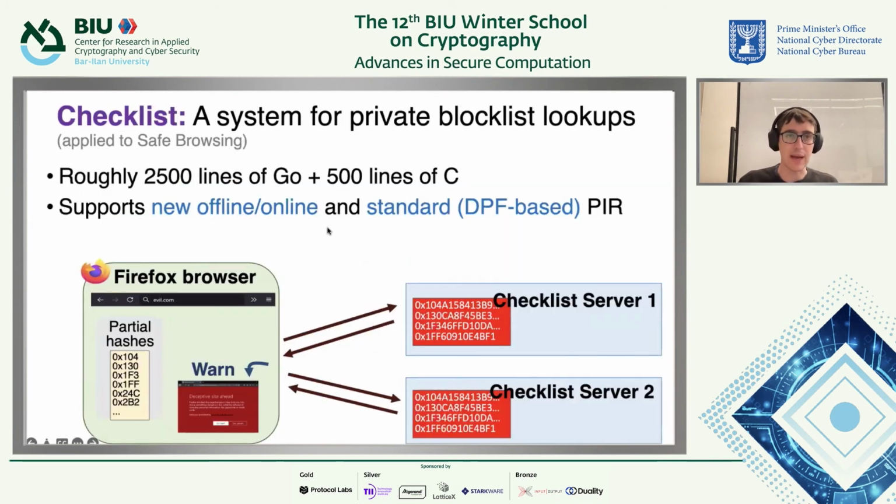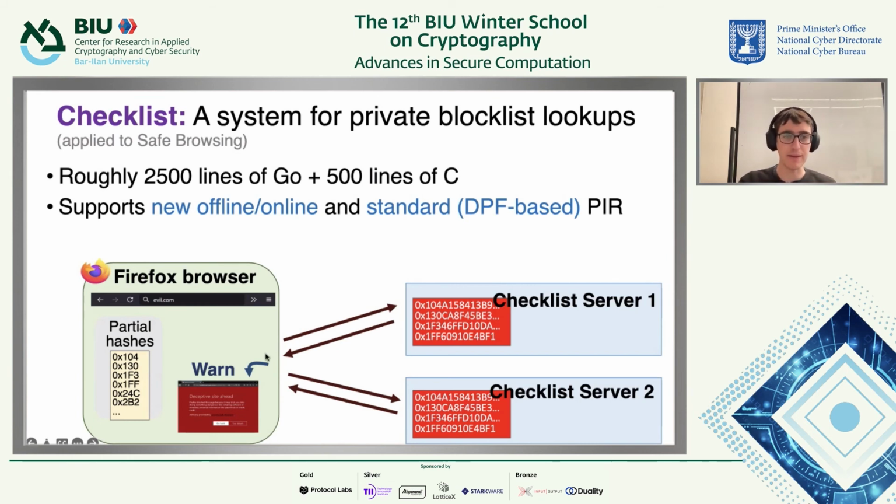So in particular, we built a system called Checklist. It could be used for other types of block lists, but specifically we evaluated on the safe browsing block list. We use the two-server variant, so we need to operate two safe browsing servers and assume that they're non-colluding.